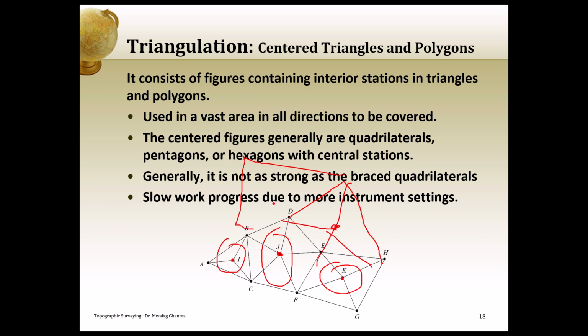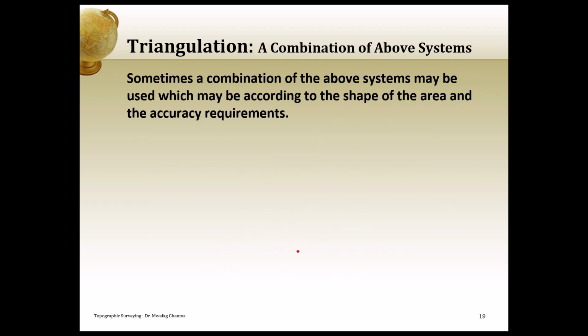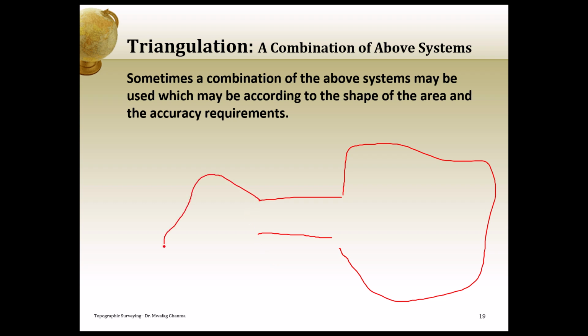Now, it is not as strong as the braced quadrilateral, but still it is strong. Because of so many instrument setups, where we have to move the instrument and measure all these angles, it will have slow work progress.